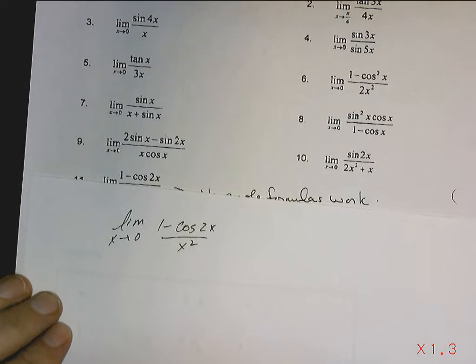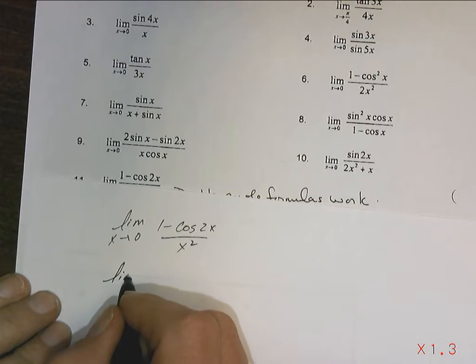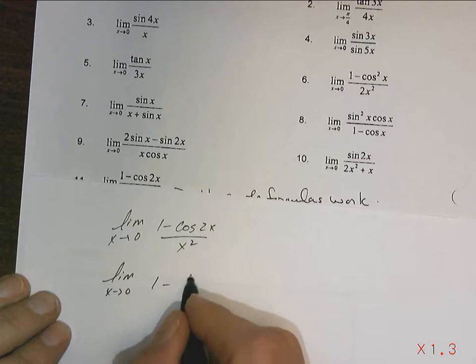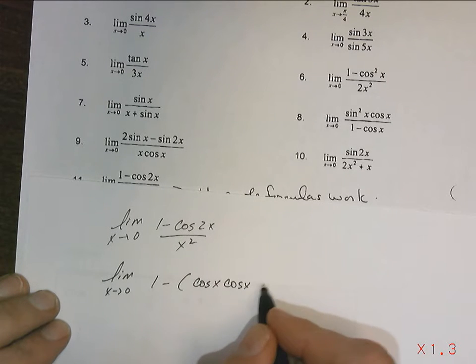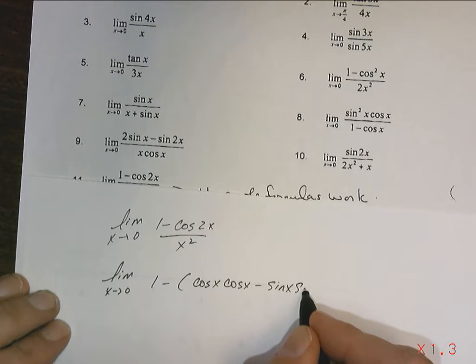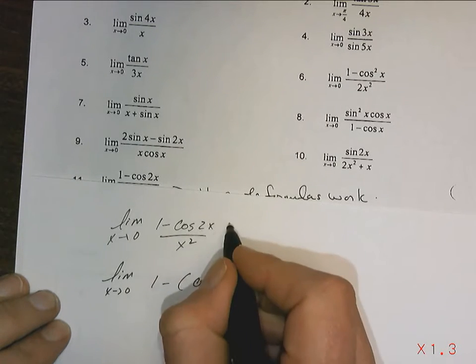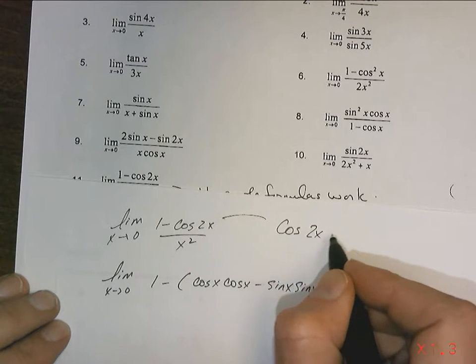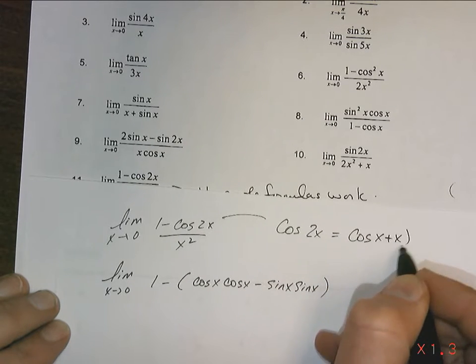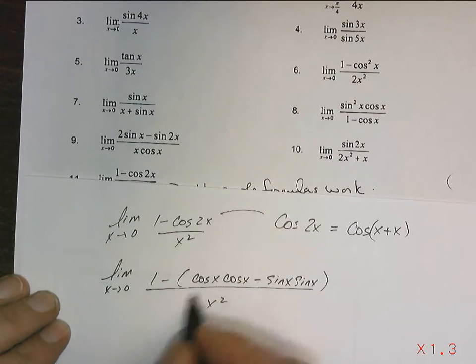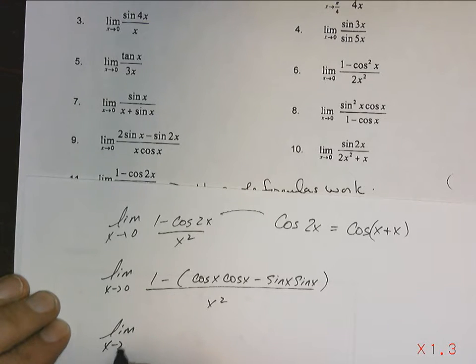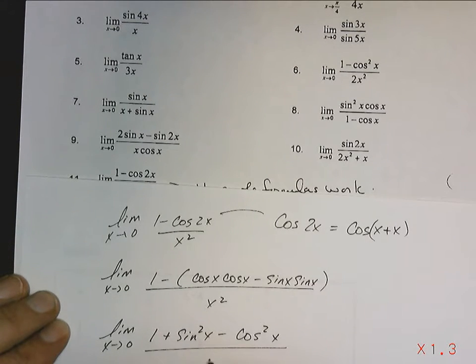I could use a double angle formula here, which would be limit x approaches 0 of 1 minus cos x cos x minus sine x sine x, because remember that cos of 2x is simply cos of x plus x. So that'll be over top of x squared. So then take the negative in, it's going to be the limit as x approaches 0 of 1 plus sine squared x minus cos squared x over top of x squared.